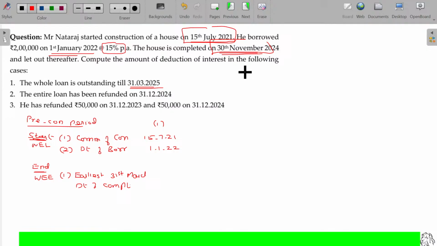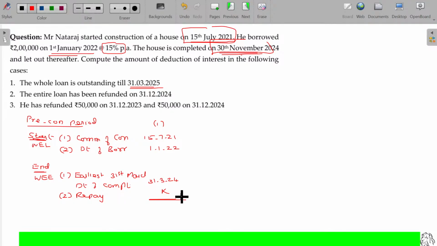That's why the pre-construction period ends on 31st March of this particular previous year, 31st March 24. And the loan remains pending. What about the repayment of loan? Repayment is not done. Clear?